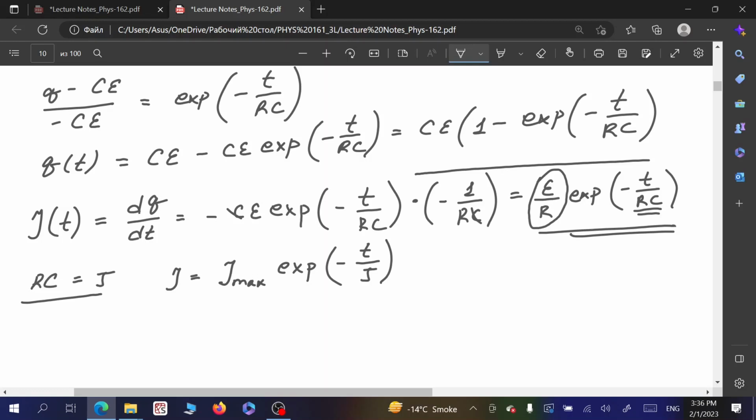That is the time interval within which the current will decrease from maximum value by e times, where e is Euler's number. e is equal to 2.718. And in another way, we can write that it will be equal to 0.368 I maximum.